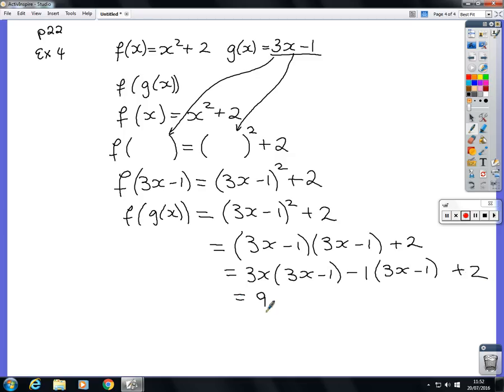This gives 9x squared, subtract 3x, subtract 3x, add 1, add 2. 9x squared, subtract 6x, plus 3 is our final answer, collecting like terms.